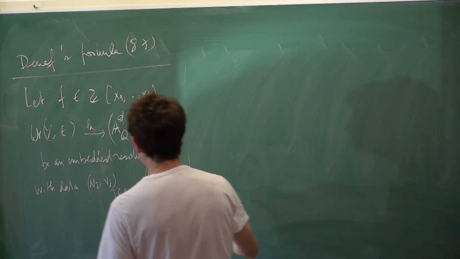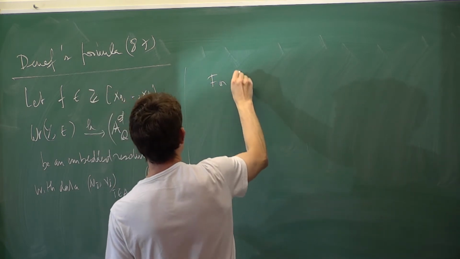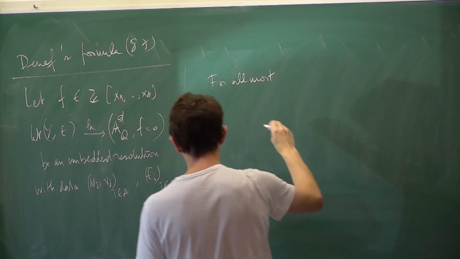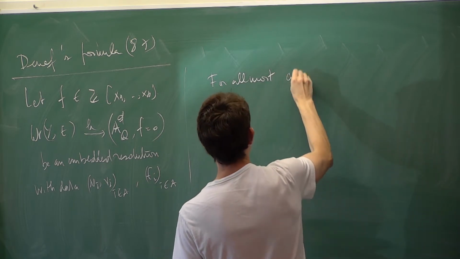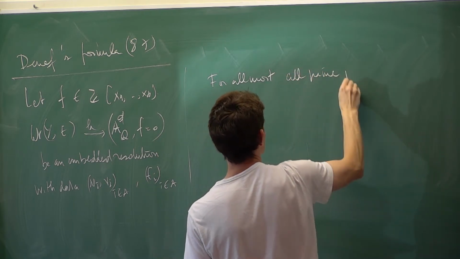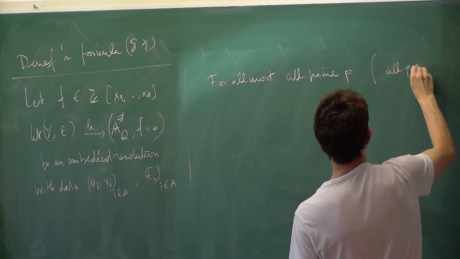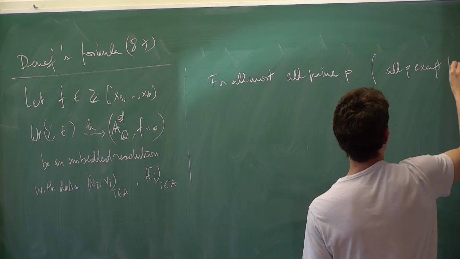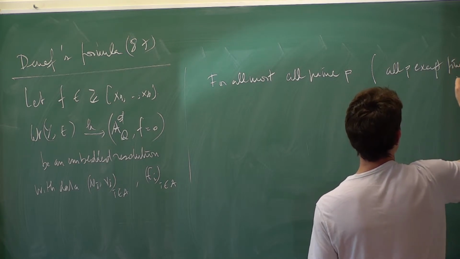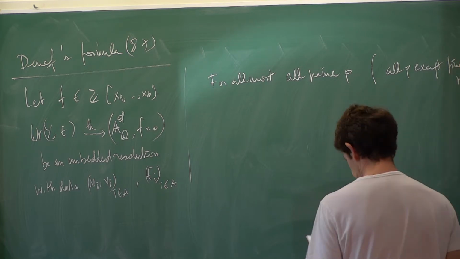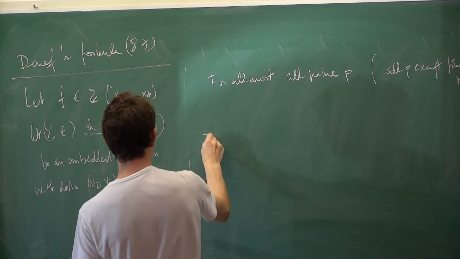Then I've proved that for almost all primes p, meaning all p except finitely many, we have the following formula.